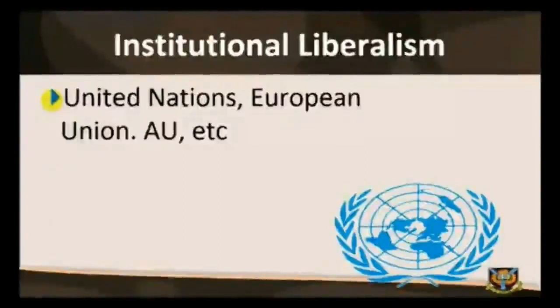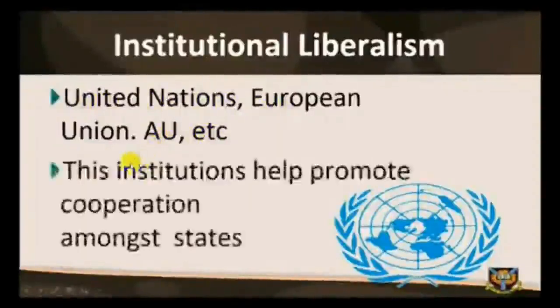International institutions, according to institutional liberals, are international organizations such as the United Nations, European Union, and the World Trade Organization, etc. International institutions can also be used to refer to a set of rules which govern state actions in particular areas, for example, aviation or shipping. These sets of rules are also called regimes.